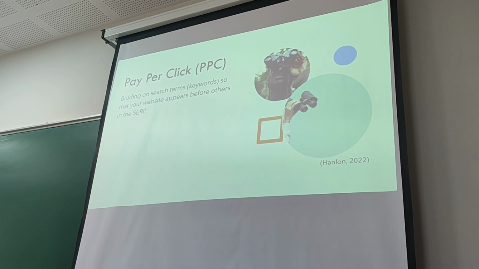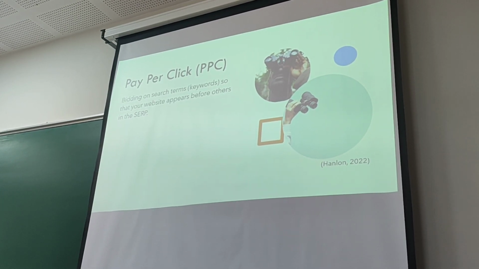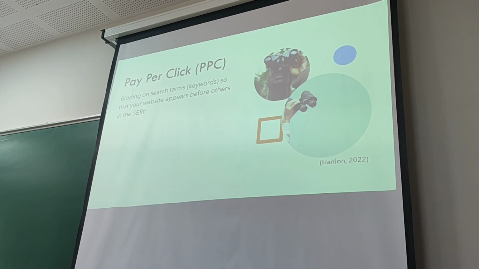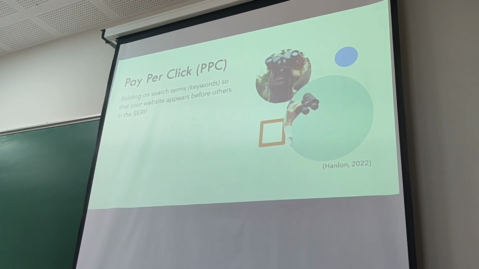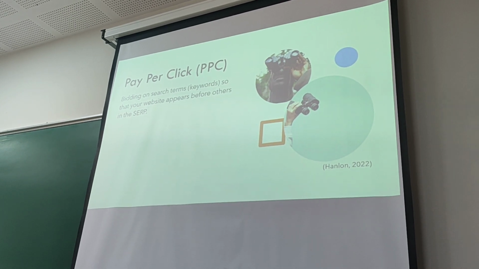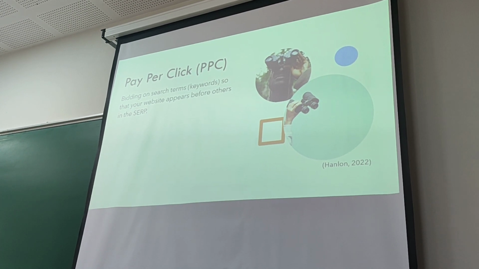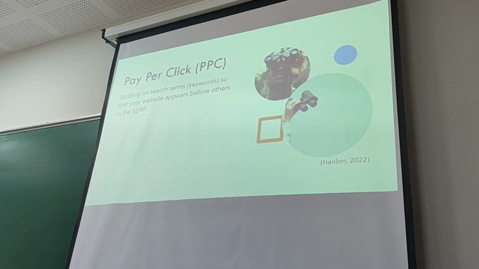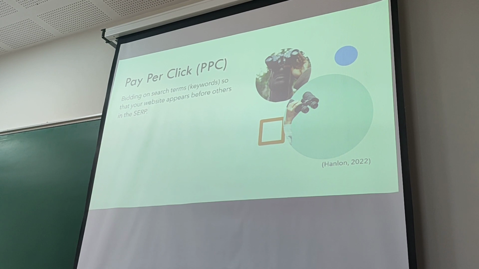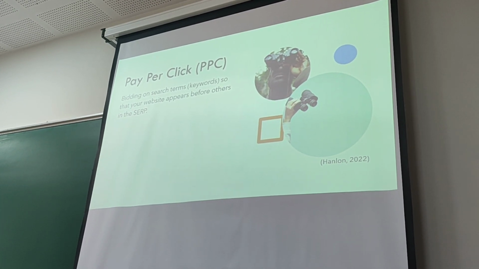So before you start a paid search campaign, you need to do your keyword research, same as you would before creating any page on your website, before writing any titles, before writing any headlines. You need to know what keywords your audience is interested in and what they're going to use before you decide what search terms you want your ads to appear alongside.